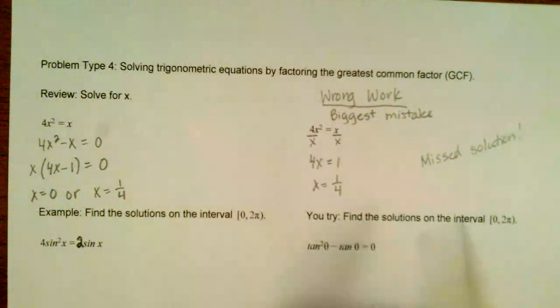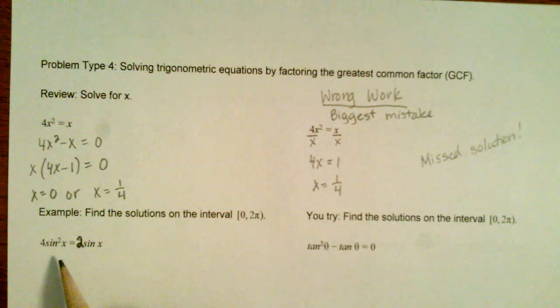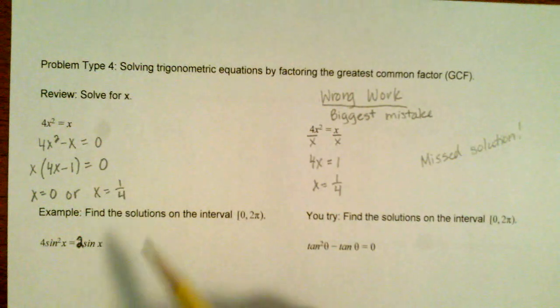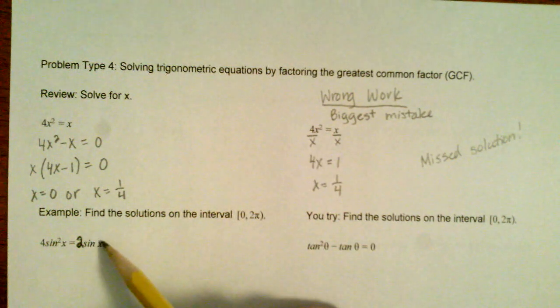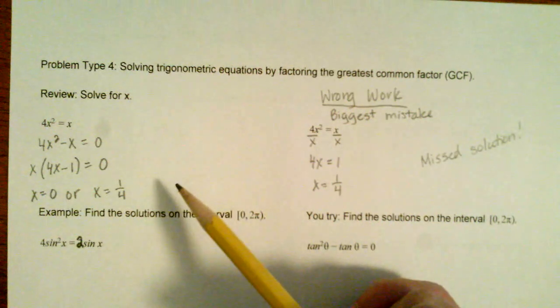I'm missing my solution x equals 0, so I'm missing half of my solutions because I didn't do this correctly. And the same thing is going to happen if you're solving trig equations. If you divide by a trig function to cancel powers, you are going to lose solutions.